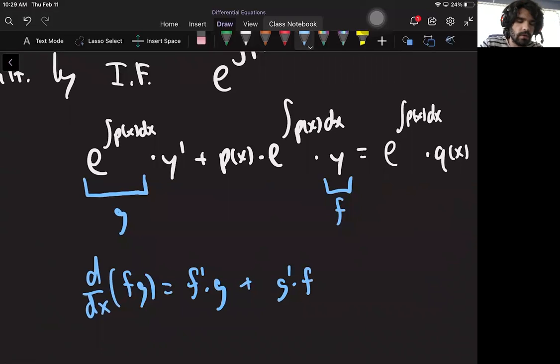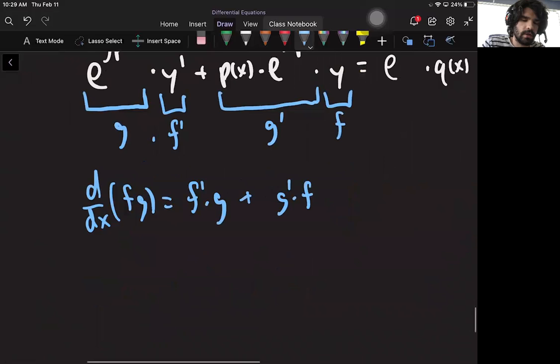You can write it in different orders, it works out the same. But in any case, that's exactly what's going on. So here I have f prime times g. I just wrote it backwards because y is f. And then this better be g prime for everything to work out.